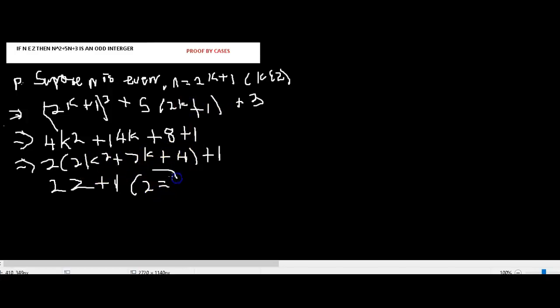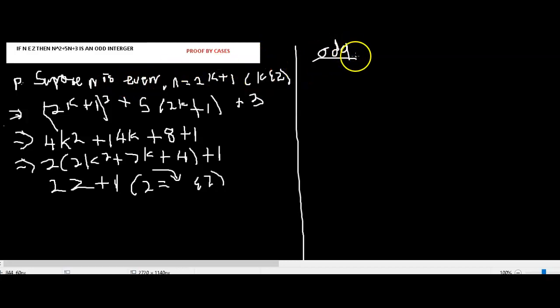I'm not going to write it, but put the whole bracket, which is an element of integers, right? And therefore you prove that when n is even, this will be odd. Now let's prove if it's odd, because remember there are two cases. So you rewrite the whole statement down like this, just that instead of even you say odd.